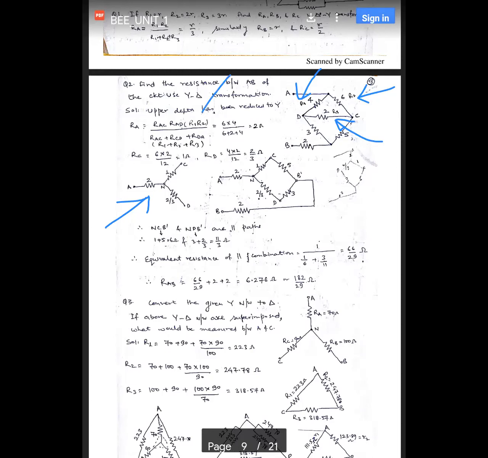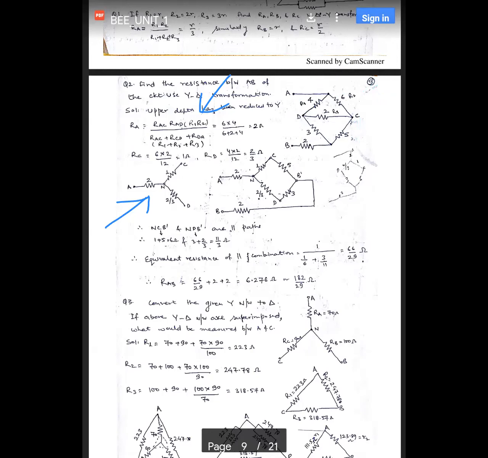So here R1 is RAC, R2 is RAD. Just a minute, RAC is R2 and RAD is R1. If A is here, so AD is this.